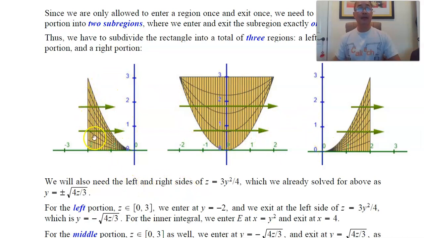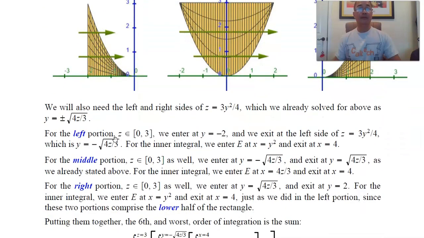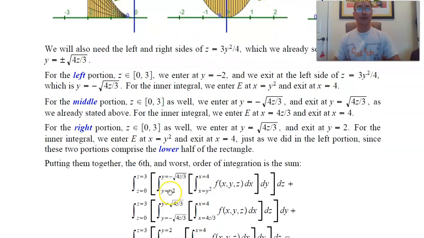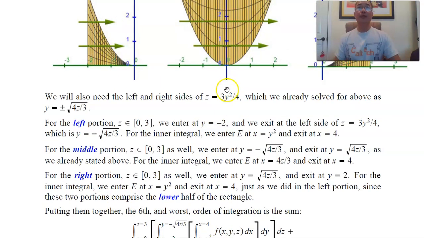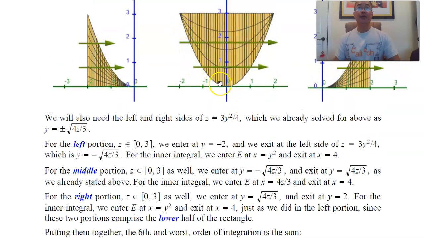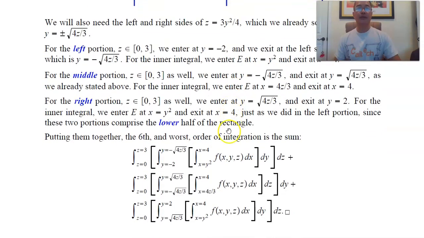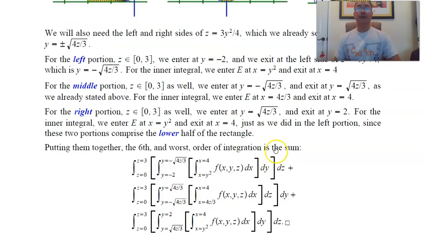Left half entering at minus 2, exiting at the negative half of the square root. So that is this one over here. Middle portion entering at negative square root, exiting at the positive square root. All right, there we go. Negative square root, positive square root.